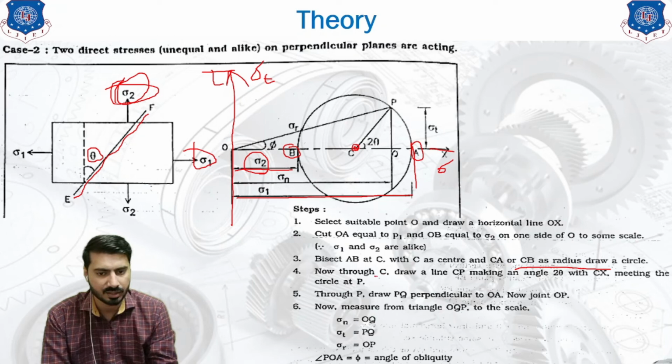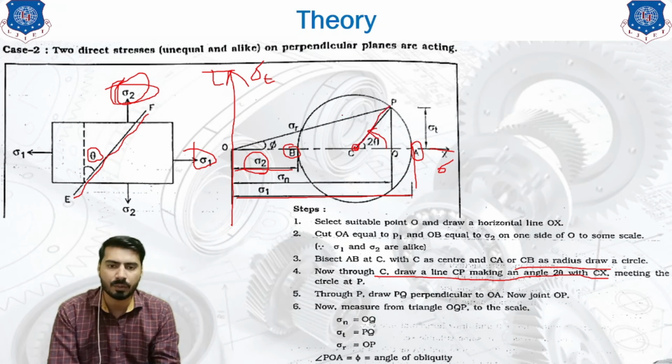Then through C, draw a line CP making an angle of 2 theta with CX. With this CX line, we will measure a 2 theta angle and draw a CP line like this.